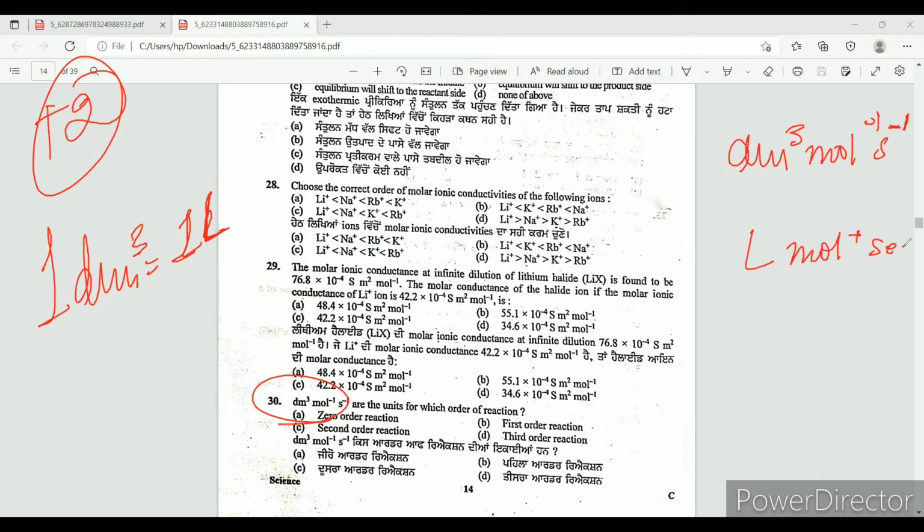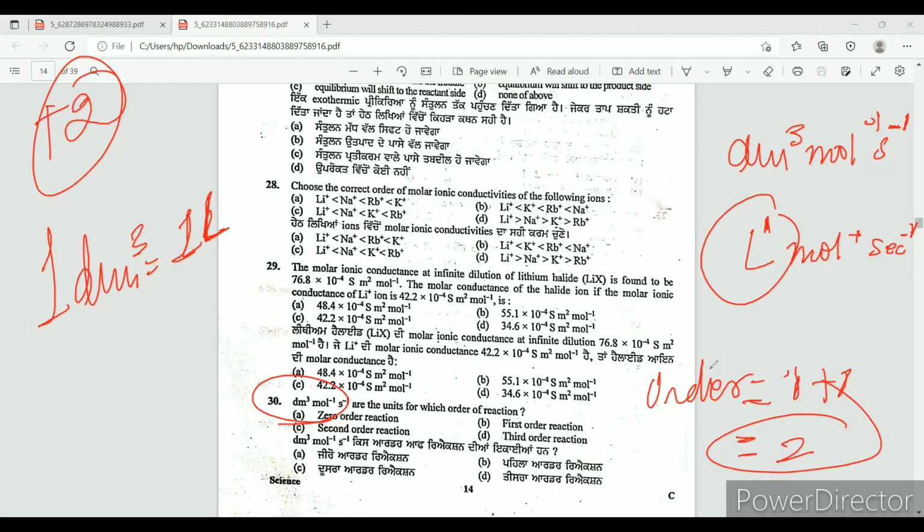To find the order, you just have to add 1 to the power of liter. The power of liter here is 1, so order will be 1 plus 1, that is 2. These units are for a second order reaction.